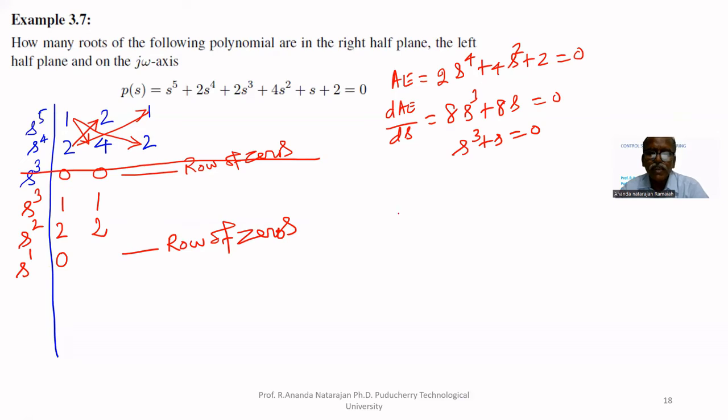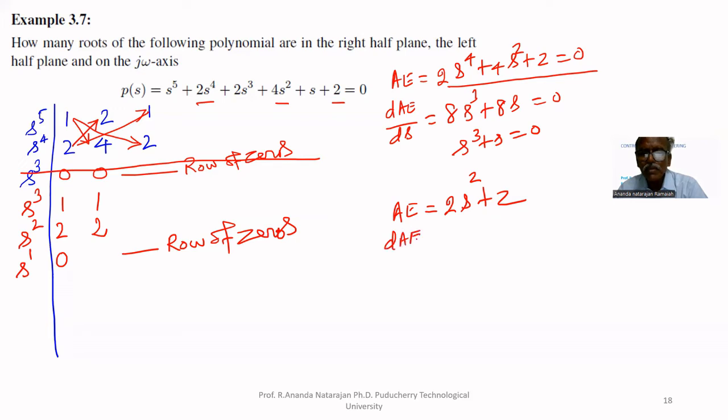Therefore, we have to form a second auxiliary equation. The second auxiliary equation is 2s square plus 2. Here also we have to consider only even powers, because we have taken even coefficients only for that row. Therefore, dAE by ds equals 4s.